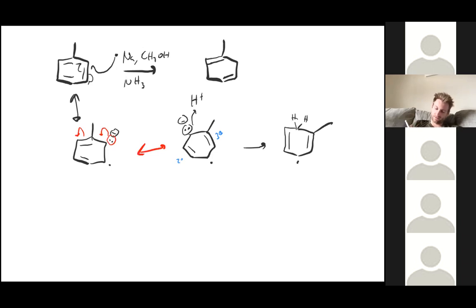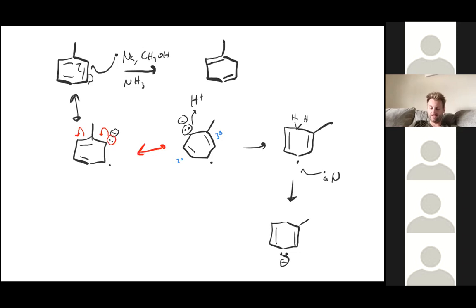We'll get another radical. This is yet again the most stable position.